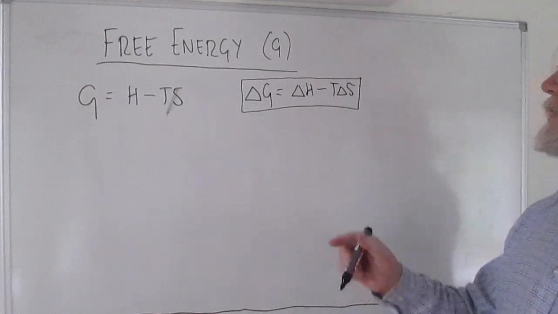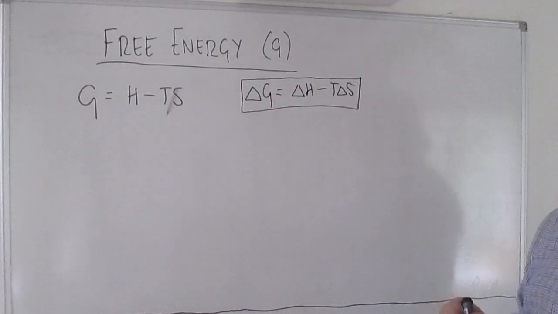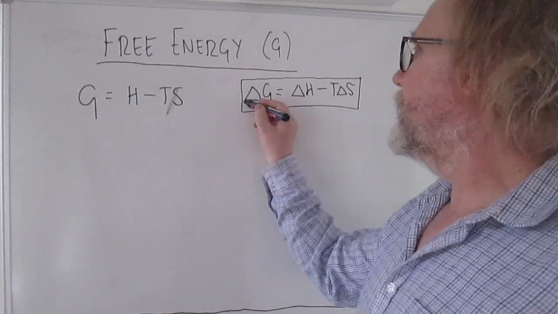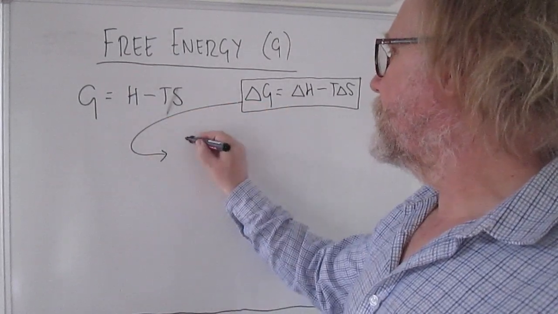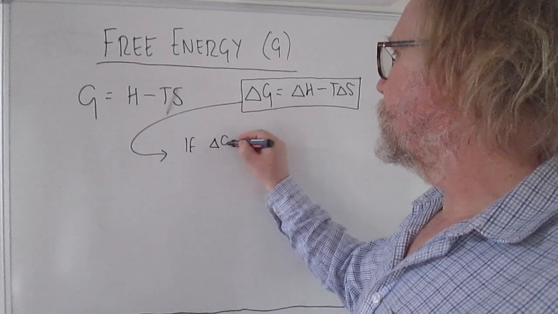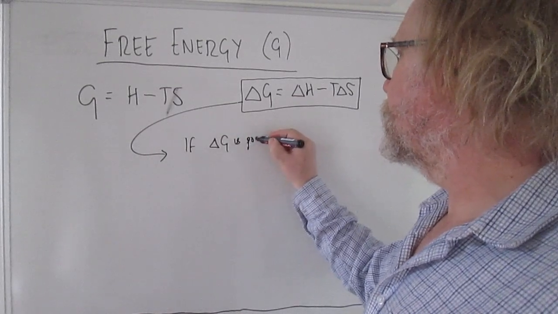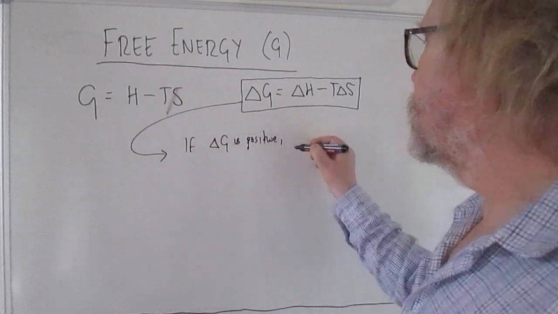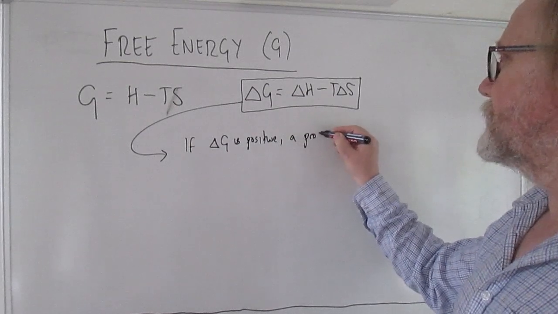All you need to know is, first of all, that definition, and secondly, the important feature of it, which is that if delta G is positive, a process is not feasible.